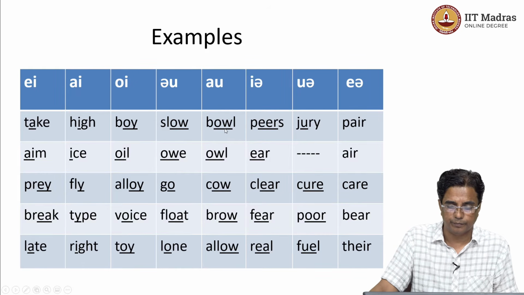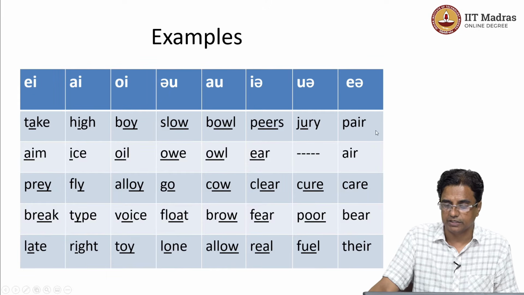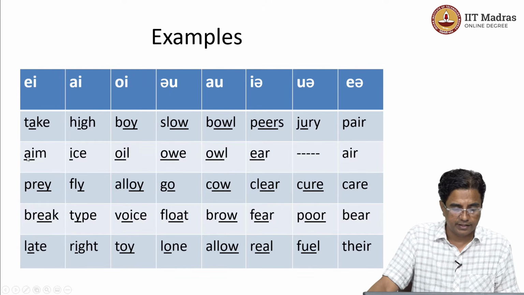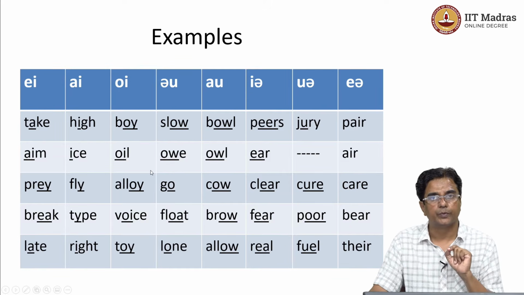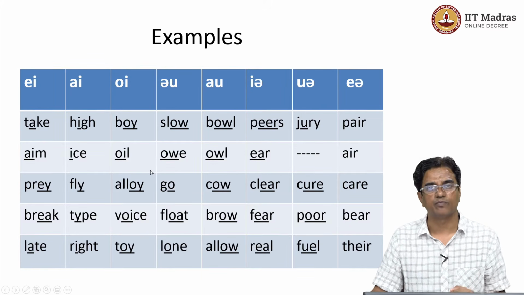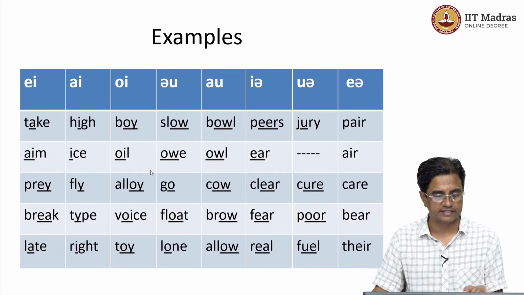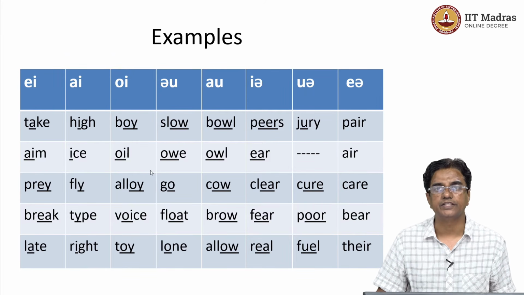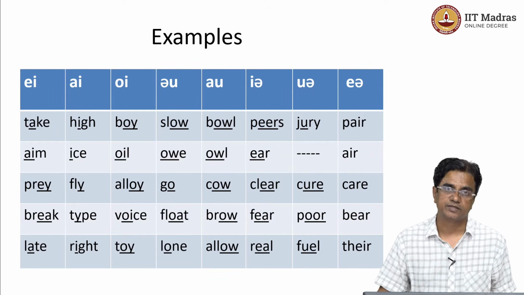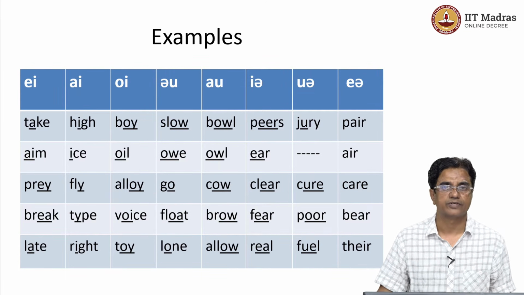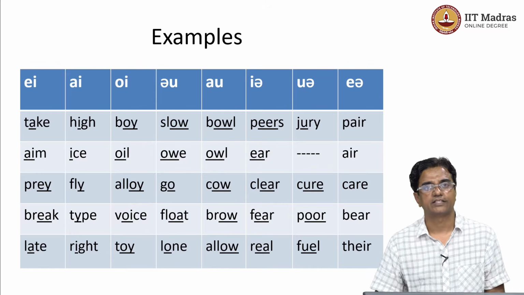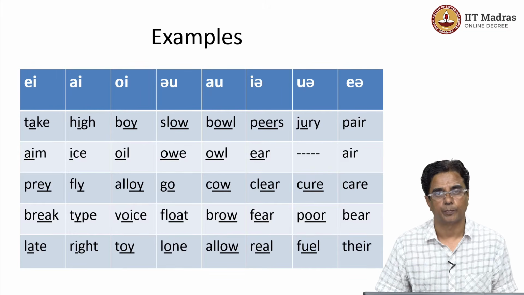Slow. Bowl, pierce, jury, pair. All these words, when you practice further, take more words and practice them, you will get to see these vowel sounds. You will also need to practice the distinction between monophthongs and diphthongs for better understanding of syllabification and your pronunciation.